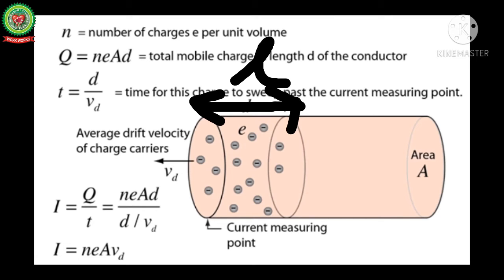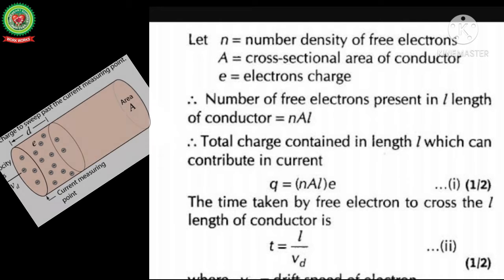So, volume of the conductor will be area into length, that is AL, and total number of free electrons will be nAL. Hence, the charge on the free electrons will be Q equal to nAL into e. Here we have used the formula Q equal to ne, that is quantization of charge. Now let's start with the derivation.